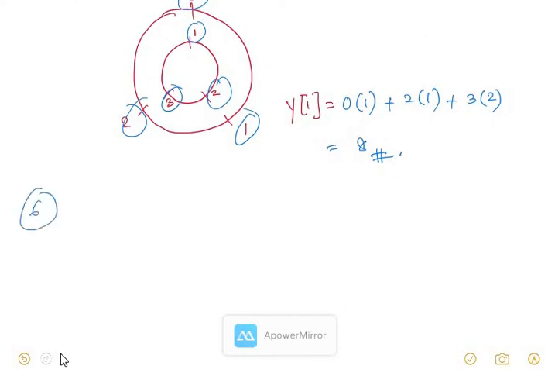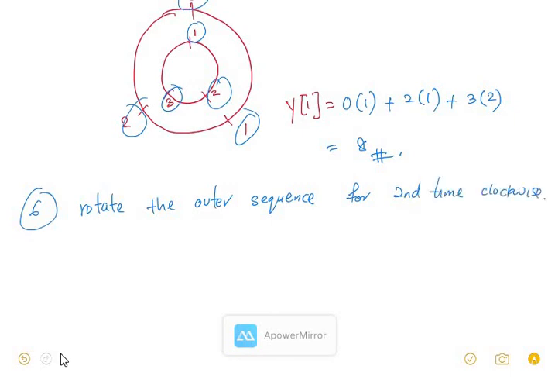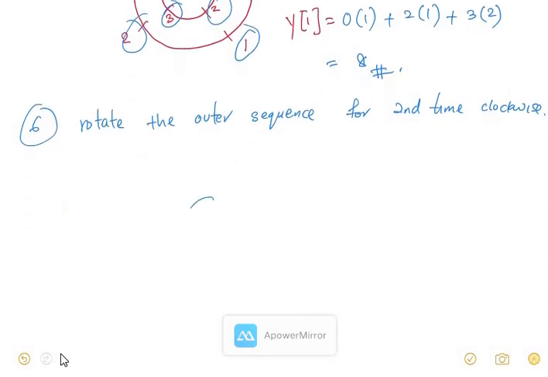Then step number 6: rotate the outer sequence again, for the second time, clockwise. Again you draw.